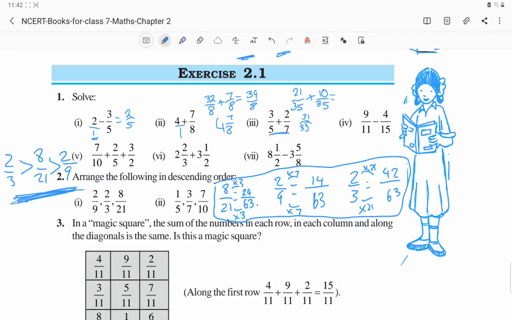Now, 9 by 11 minus 4 by 15. Try and do this by yourself, okay? Try and do it by yourself.